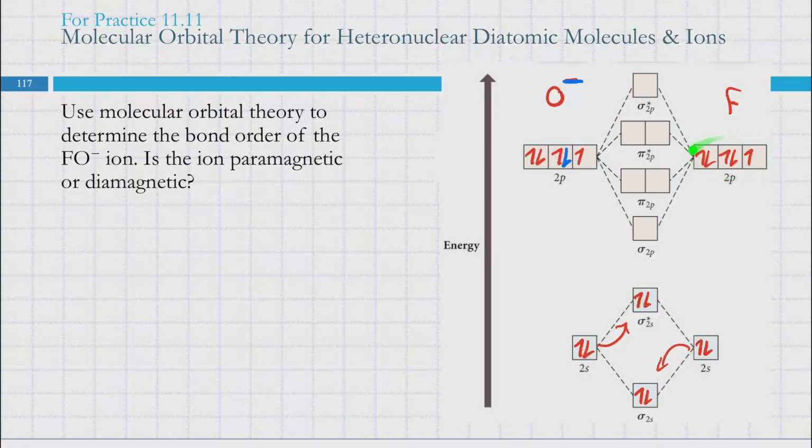And then we've got 7 from each of our species, which gives us 14 to fill. 1, 2, 3, 4, 5, 6, 7, 8, 9. Nope, I counted wrong. There's 5. So we've got 5 times 2, there's all of our 10, because we filled some earlier.